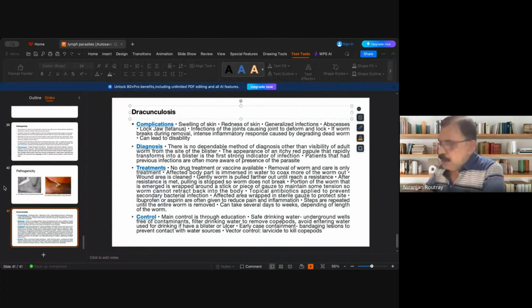Along with this, ticks can transmit many pathogenic fungi, viruses, protozoa and bacteria. Some ticks have names, suppose looping ill. Okay, looping ill. It is a viral disease of the CNS, central nervous system, caused by Ixodes ricinus.